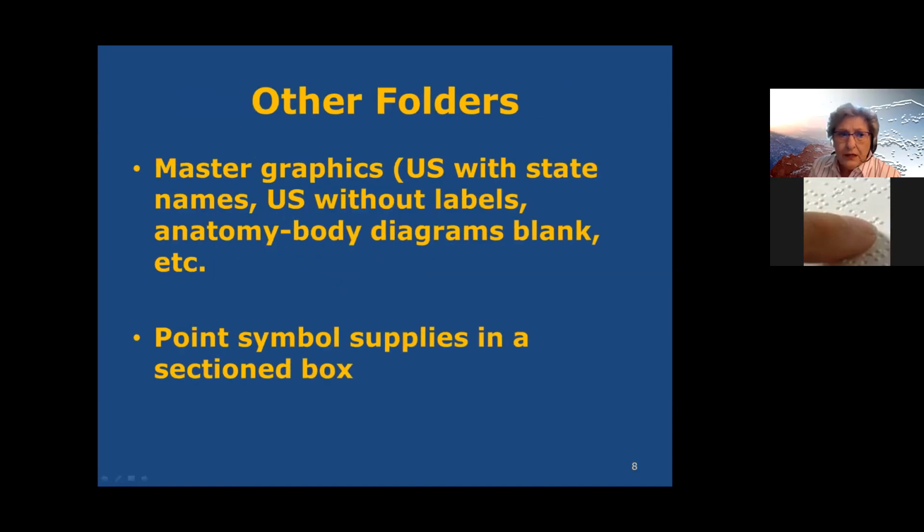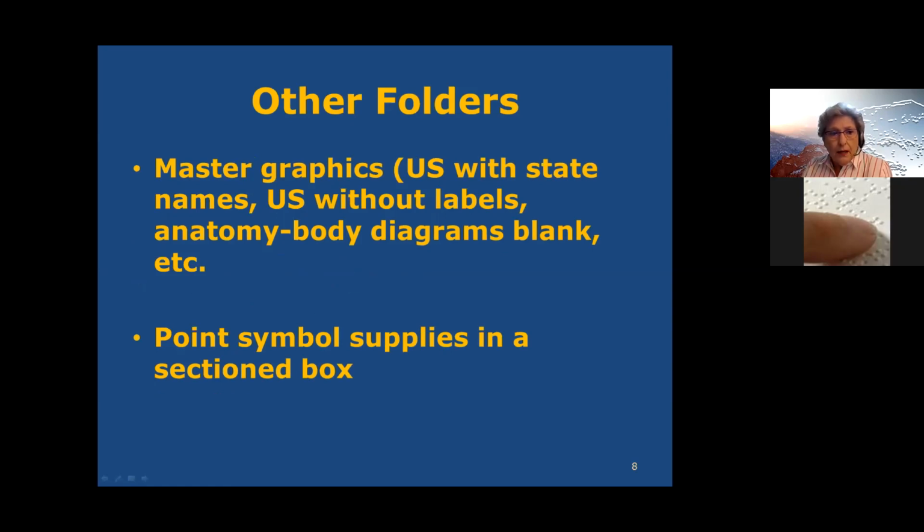The other folders I have are master graphics. I have a bunch of maps of the U.S. Some have state boundary lines, some don't. And some are just outlines of the whole United States. But anyway, a full range of those kinds of things without labels so that I can label what I need to do.